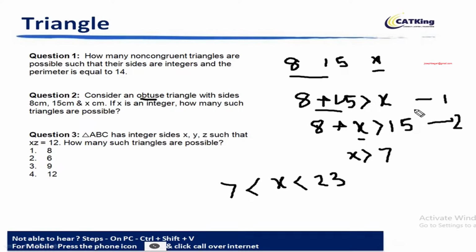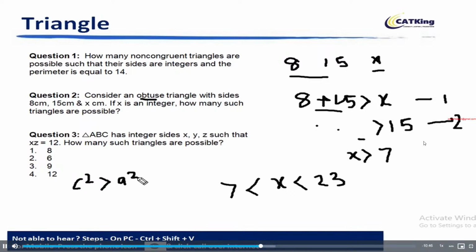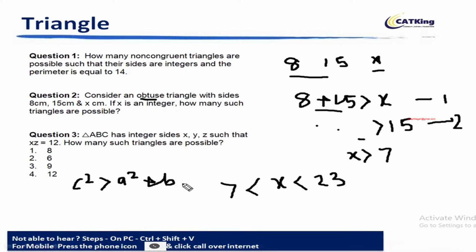And there is also a very important property which only obtuse angle triangles follow, which is c square is greater than a square plus b square.